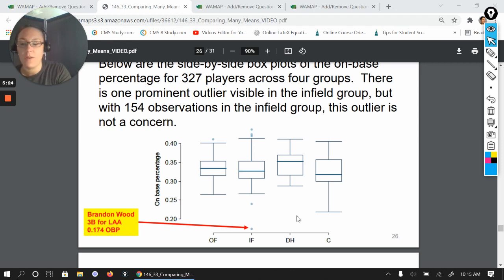I do not know much about baseball. But I did want to remind us that the larger the sample, the less the outliers affect the analysis. So 154 observations for the infield group is considered a large sample because it's greater than 100.